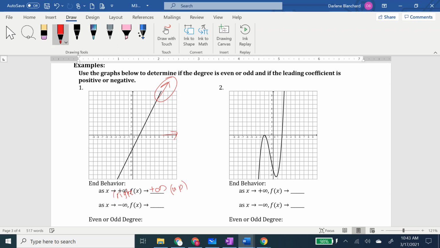You don't have to write the words right and up, but know that that is the meaning of x approaching positive infinity means right, f of x approaching positive infinity means up. And then look at the graph. When x heads to negative infinity, I'm looking to the left. It's heading down.